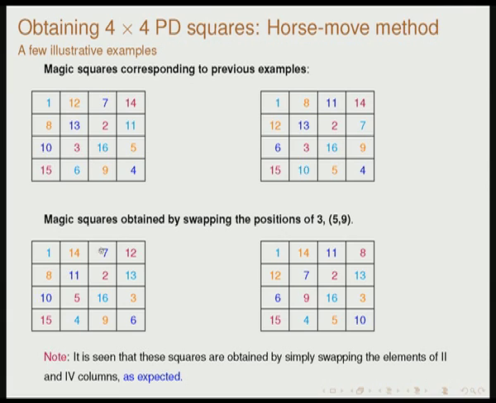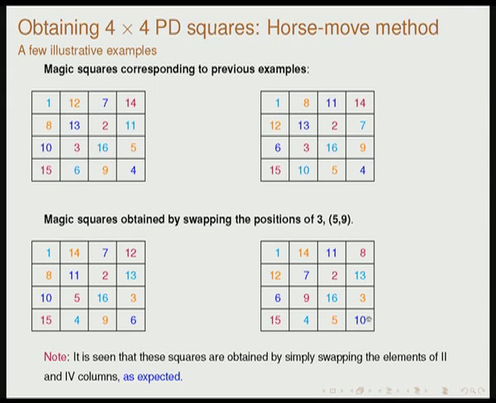So by moving 3 from this side to this side, the elements 14, 11, 5 and 4 are the same. The elements of rows 1 and 3 are identical, whereas 4 and 2 have got swapped with each other. This row has gone here and this row has moved here. This is the difference between these two examples.